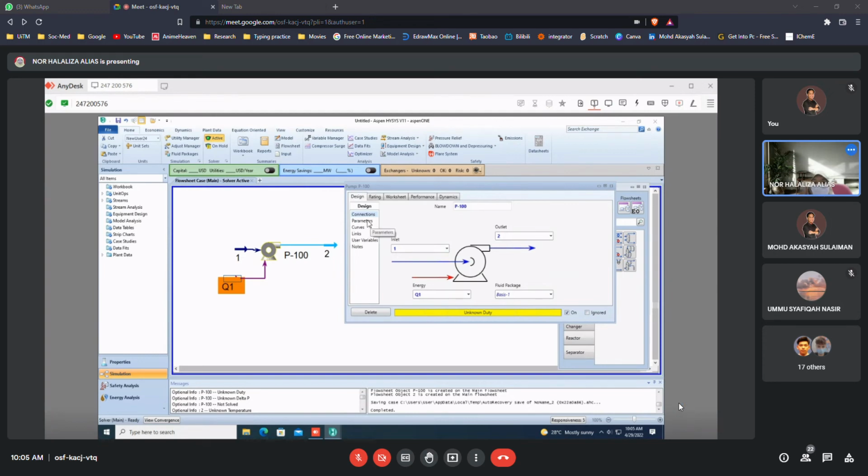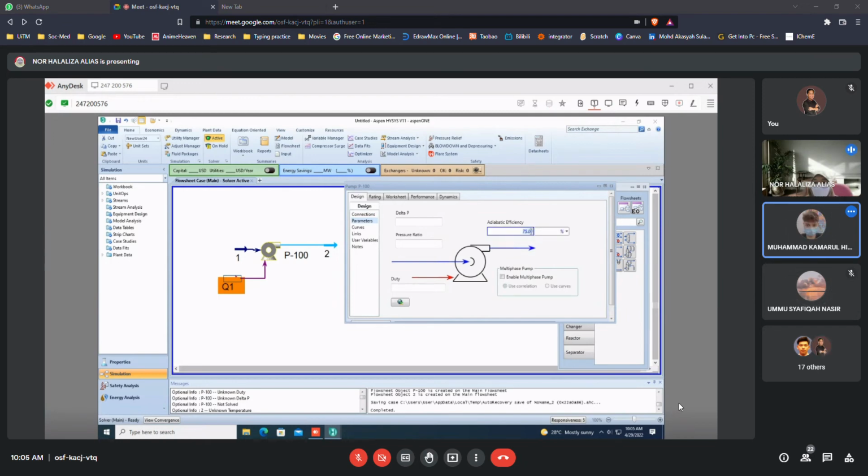Untuk efficiency, parameter. Nampak tak ni? Adiabatic efficiency. Boleh nampak? Boleh. Double click, masukkan 70, enter. Okay. So you akan dapat 70.